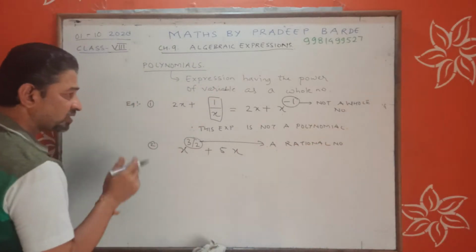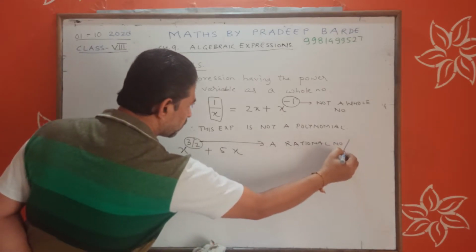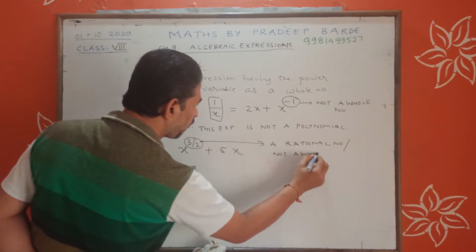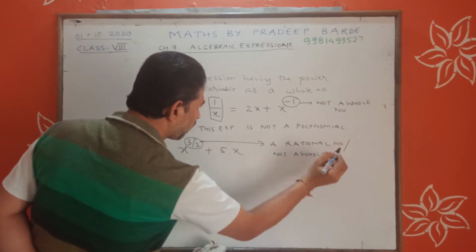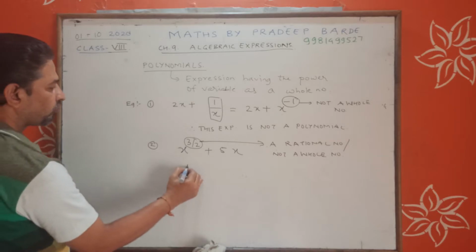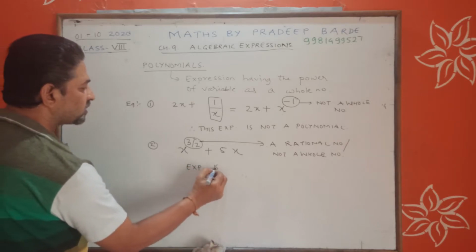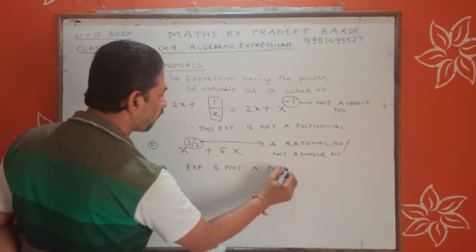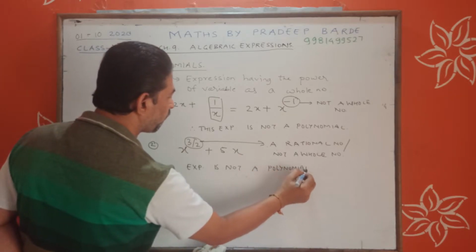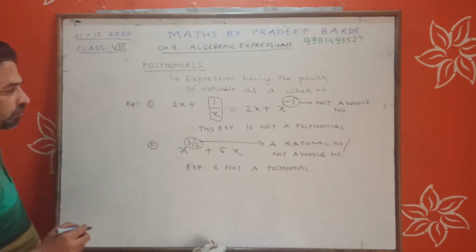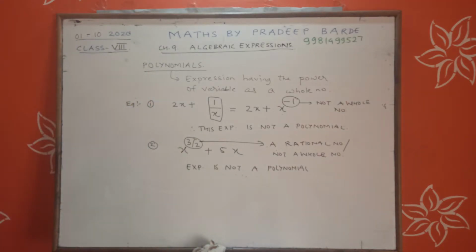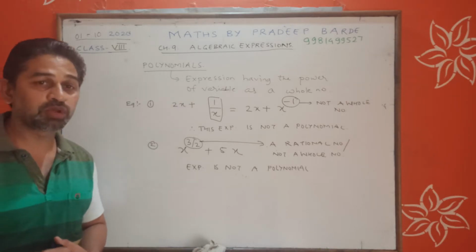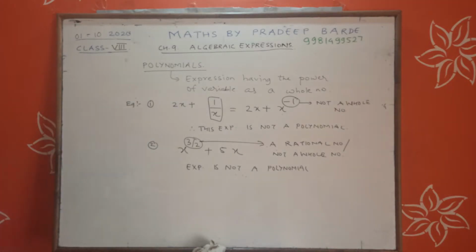It is a fraction, not a whole number. Therefore, the expression is not a polynomial. Okay, so the expressions having the powers of variable as a whole number are known as polynomials.